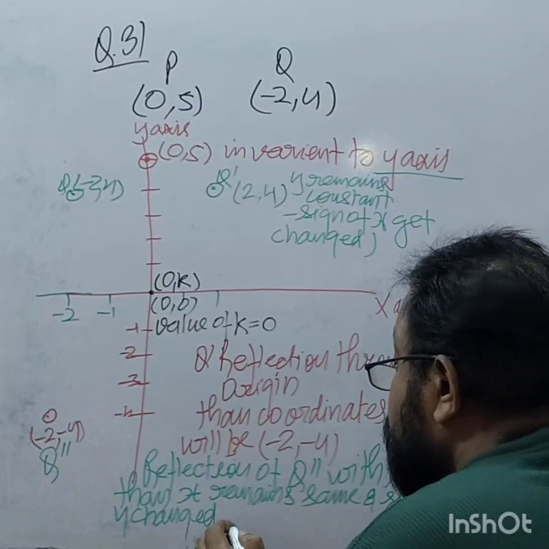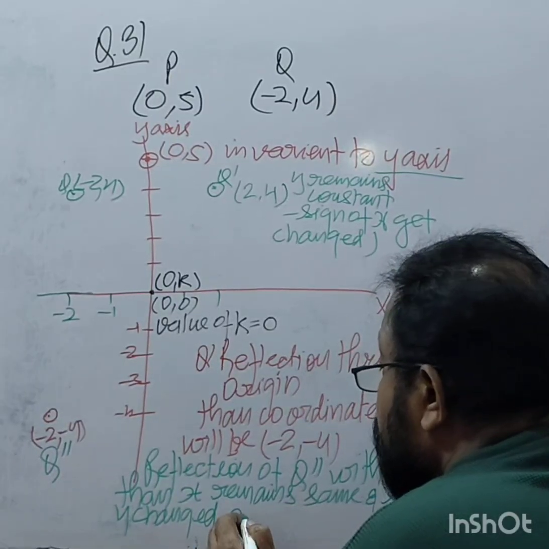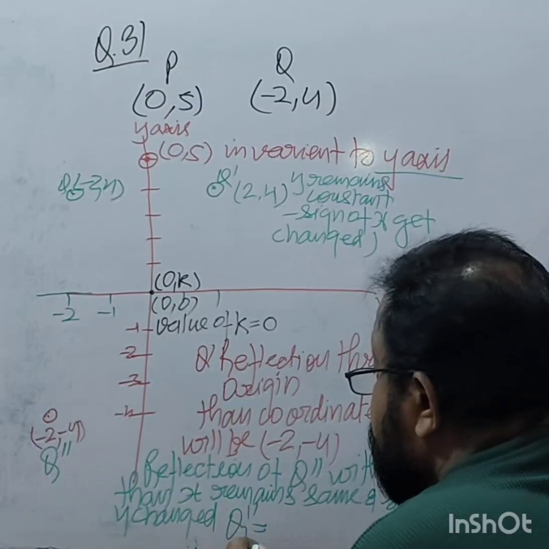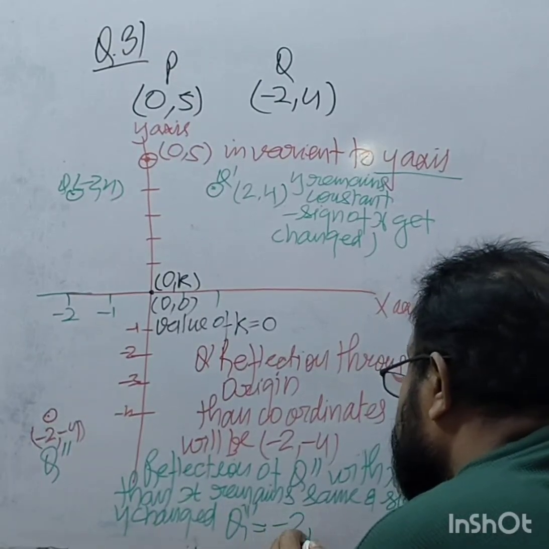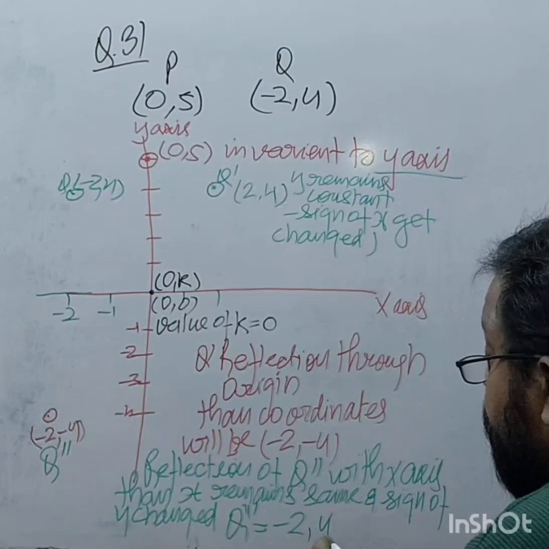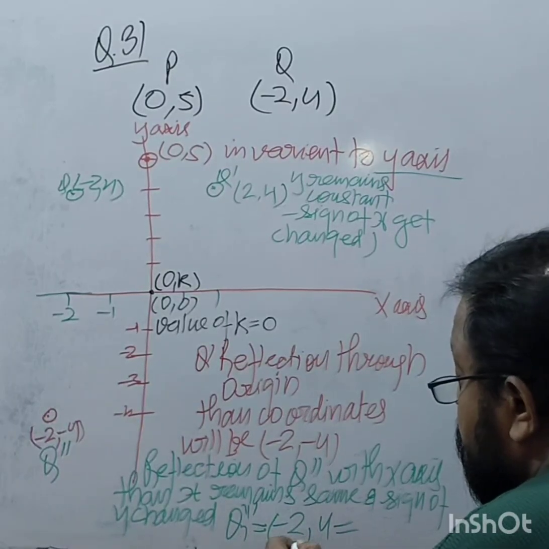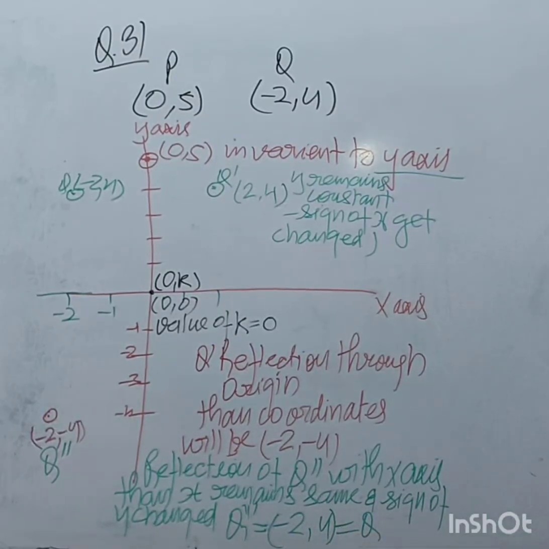So Q triple dash is equal to minus 2, 4, which is equal to Q.